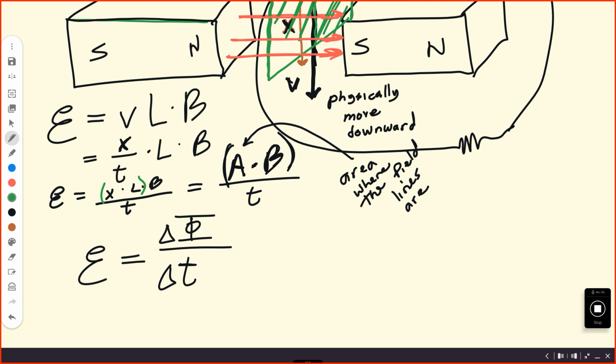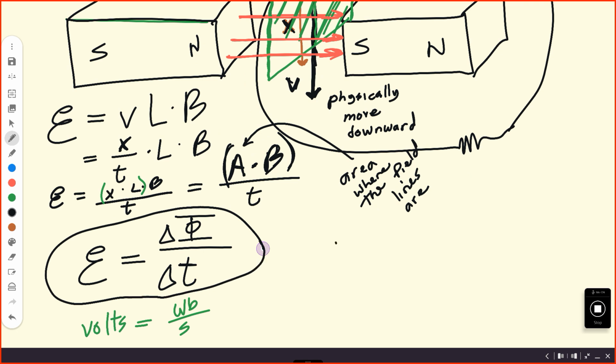So we know that Webers divided by seconds must equal volts. And this second way of calculating the EMF is known as Faraday's law.